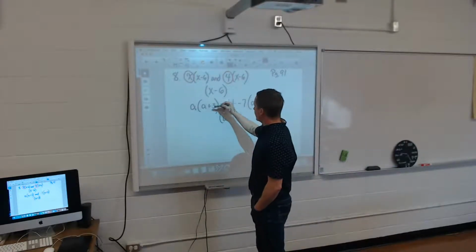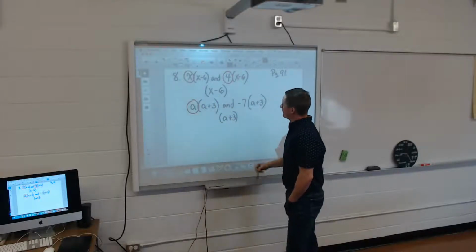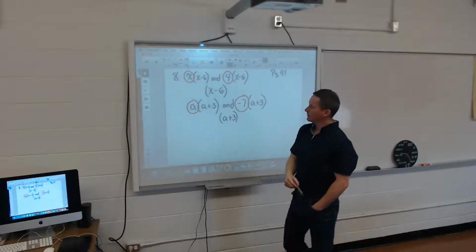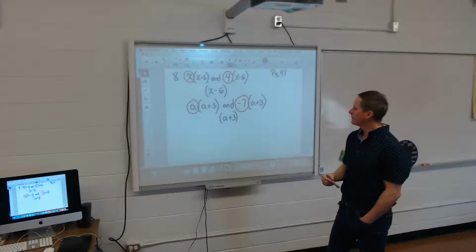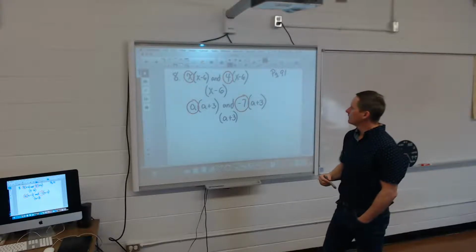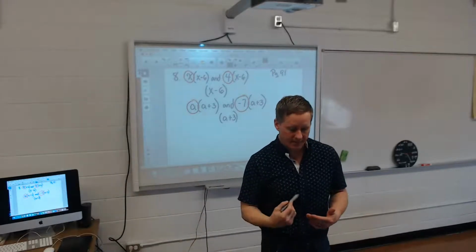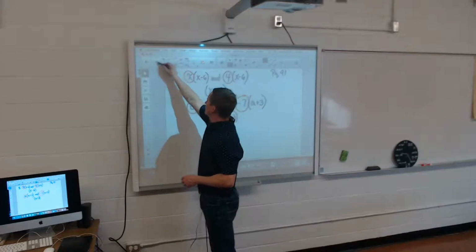When I take an a plus 3 away from this term, I'm left with a. When I take an a plus 3 away from this term, I'm left with negative 7. Okay? So I am now working my way up into factoring binomials.